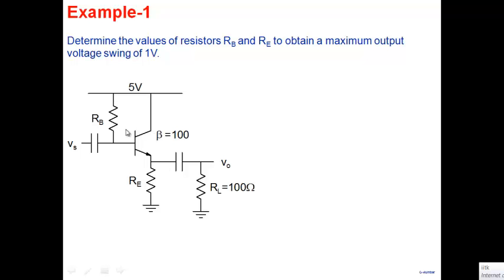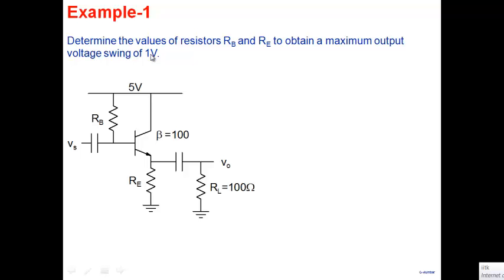This amplifier has to drive a load of 100 ohms, driven by 5 volts. And for some reason, in this hypothetical problem, the maximum swing that I require is only 1 volt. My load will never demand a swing more than 1 volt. So I need to design it such that this stage is capable of giving me a maximum swing of 1 volt. You don't need to design it for more than 1 volt.